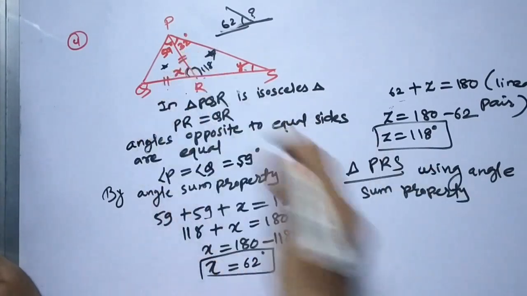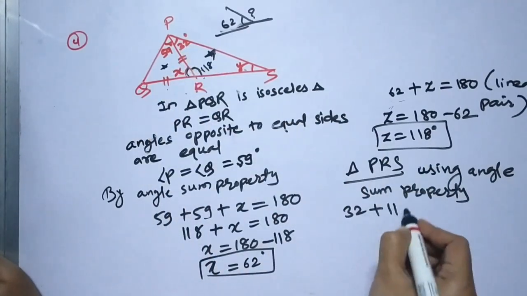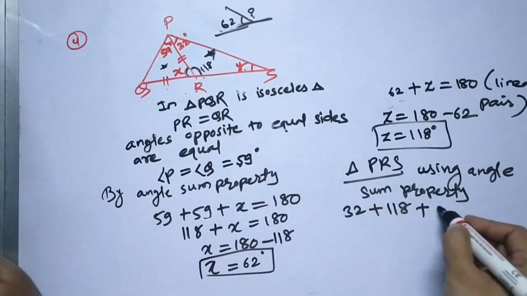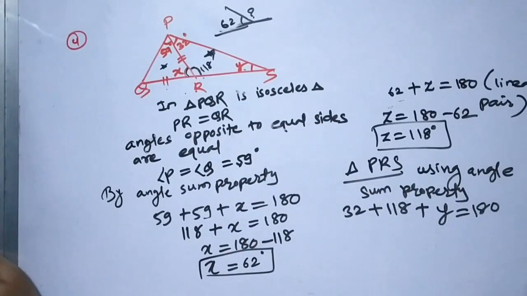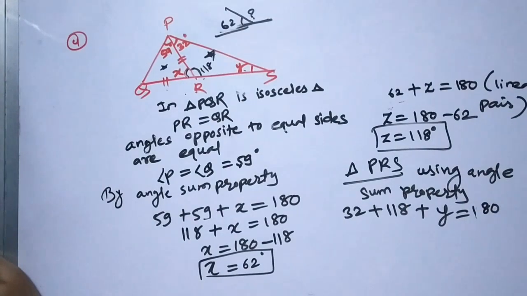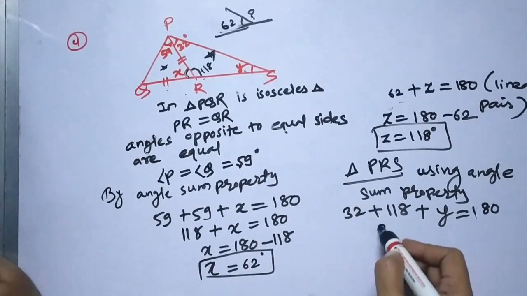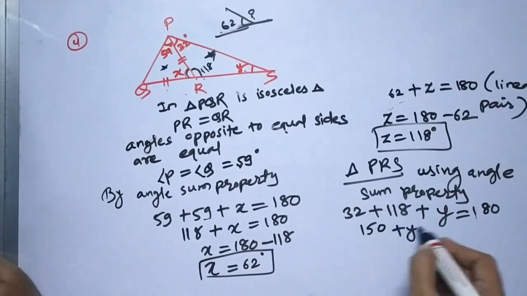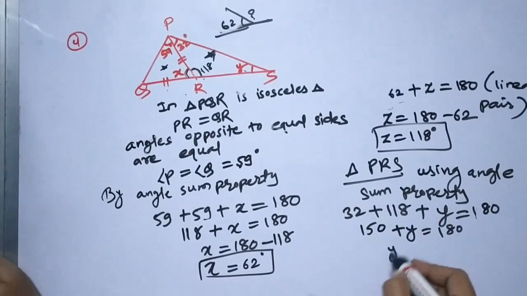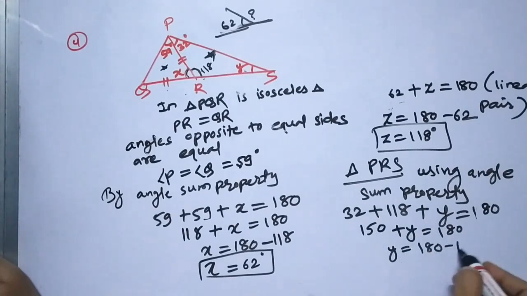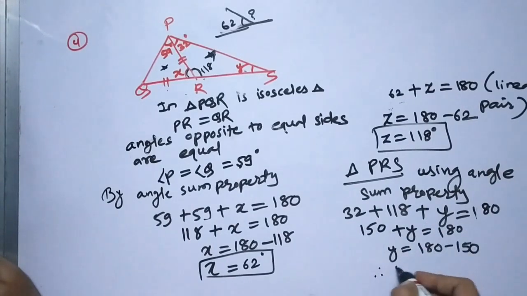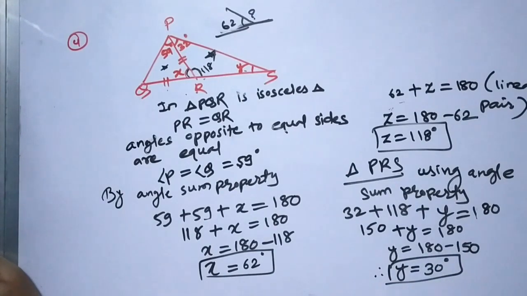We'll get 32 plus this 118 plus this Y is going to be 180. So just do 118 plus 32. We'll get 150 plus Y is equal to 180. So Y is equal to what? 180 minus 150. Therefore Y is equal to just 30 degrees. Y is what? 30 degrees here.